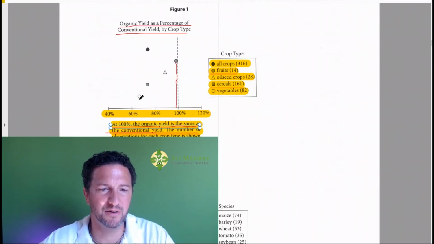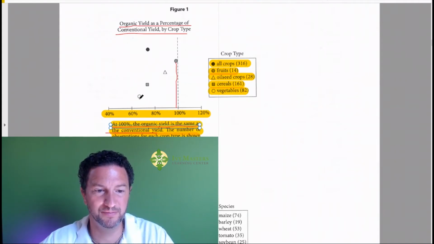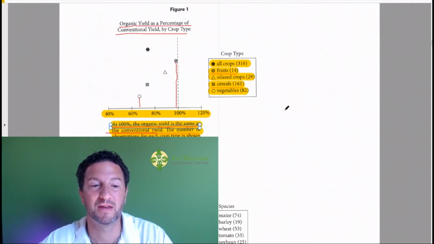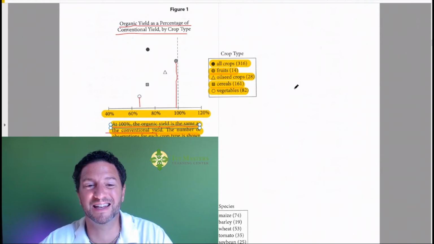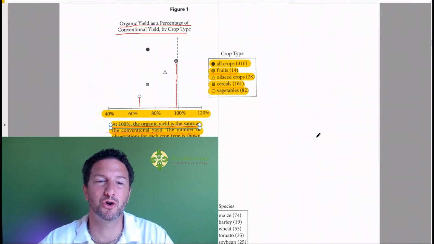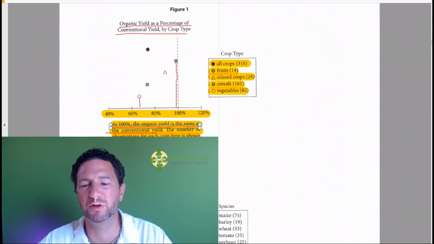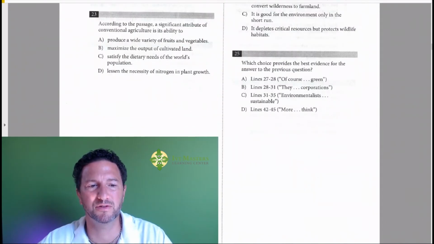Now let's look down here, which is open circle vegetables. It looks like maybe it's 64. What that means is if you had a field where you could grow 100 carrots, you can only grow 64 carrots in that same field. So in other words, make sure you understand what's going on here. Look at how I pulled it apart before I look at the answer choices.